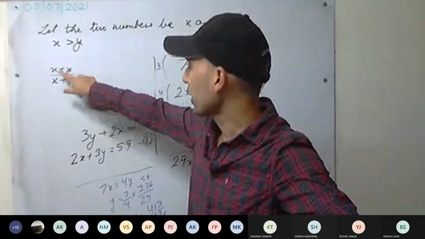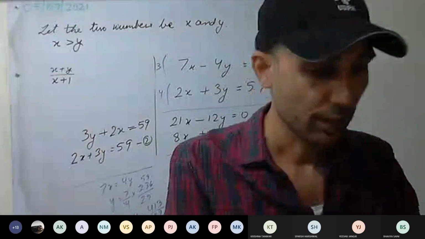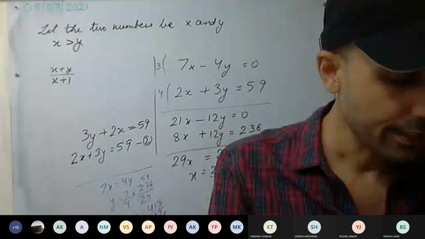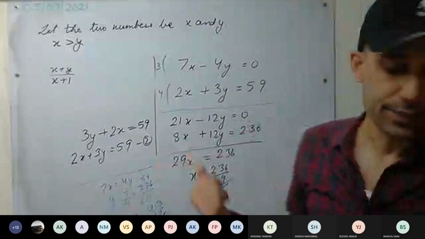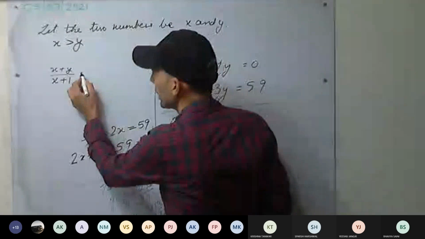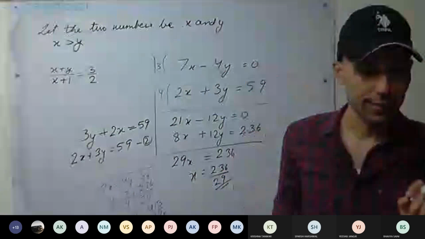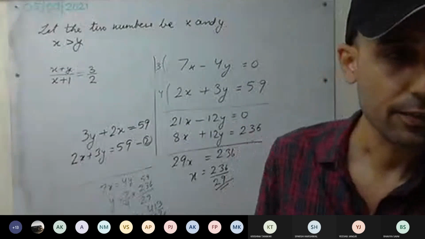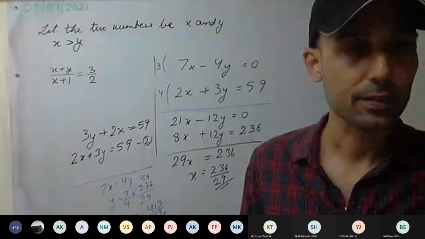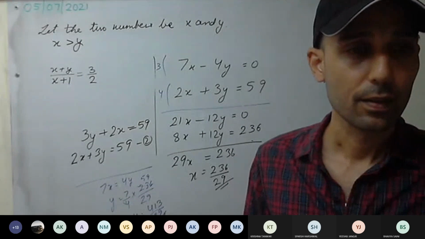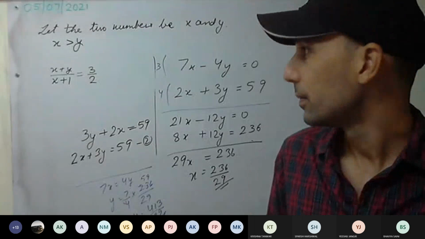It means x plus 1 is dividing x plus y. The result is 3 by 2, which means equal to 3 by 2. Is the first statement clear? Anyone have doubt in the very first statement?